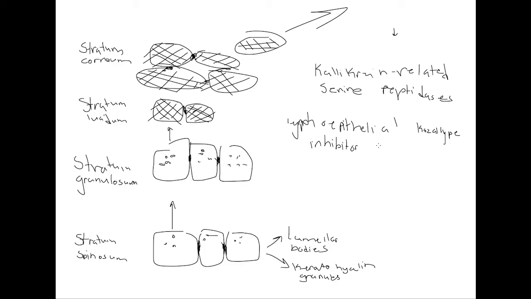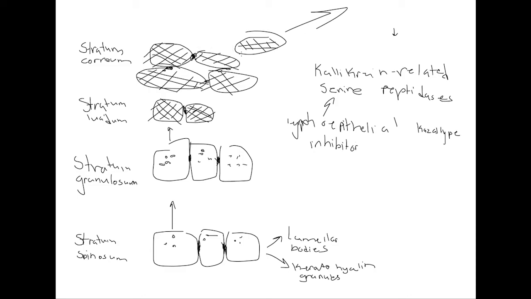What this is going to do is when it interacts with these proteins over here in a neutral pH, it's going to prevent any degradation. But in a lower pH, these proteins will actually be able to degrade these desmosomes over here.